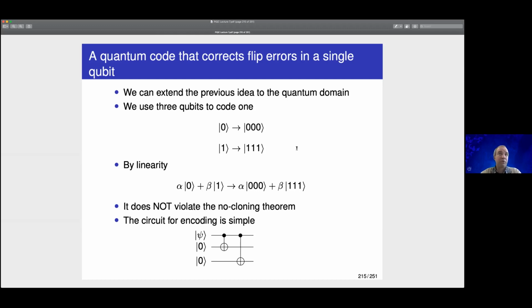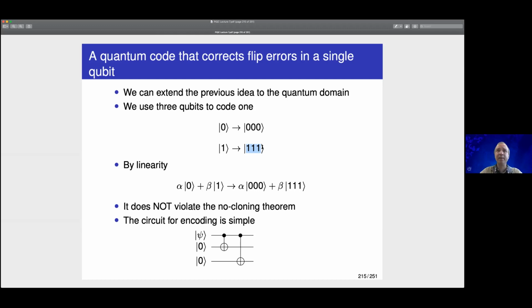So what we try to do is, instead of using just one qubit to store the information, we are going to use 3 qubits, okay? And then we are going to use this state, which is composed of 3 zeros, to denote this state 0, and we are going to use 3 ones to denote the original state 1 of the qubit, okay?